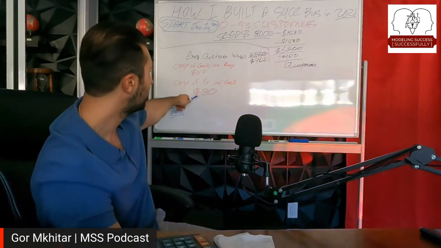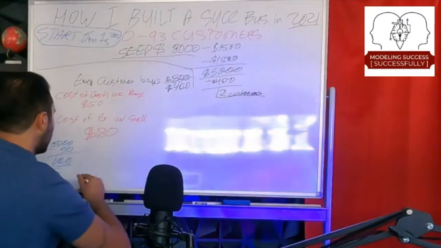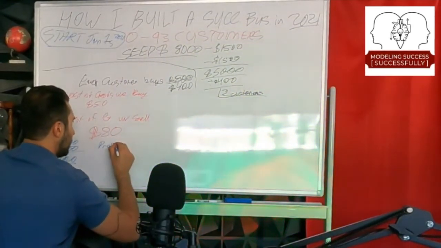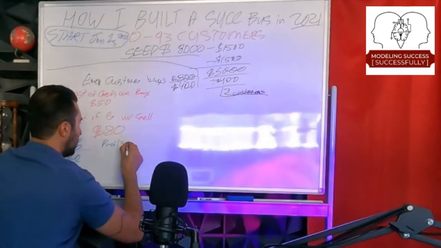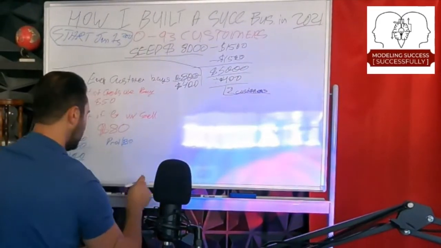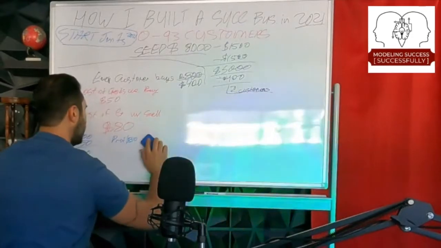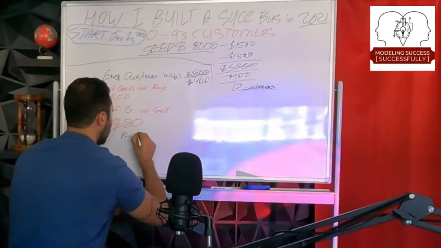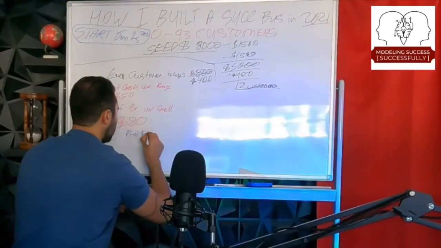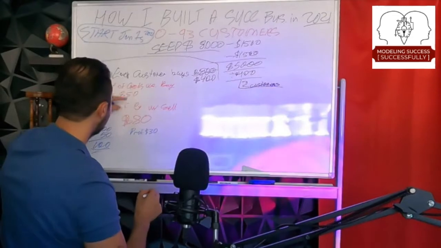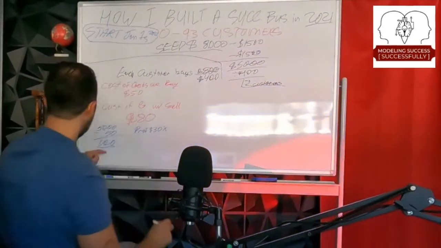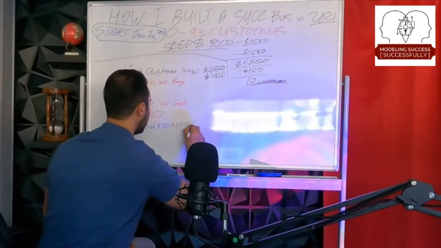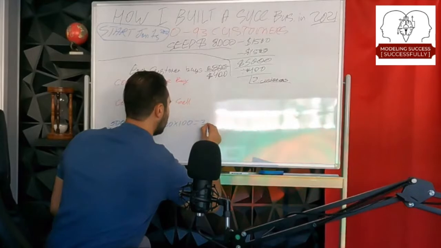Now, if your profit is $30, profit will be $30, which is the difference, multiplied 100 times, and you're going to be at $3,000.